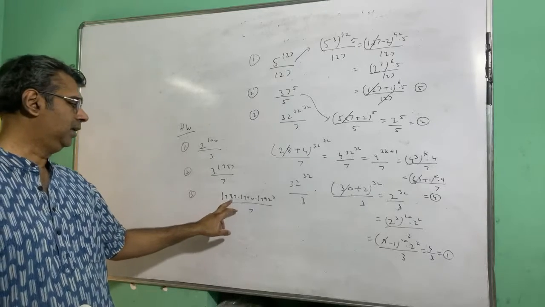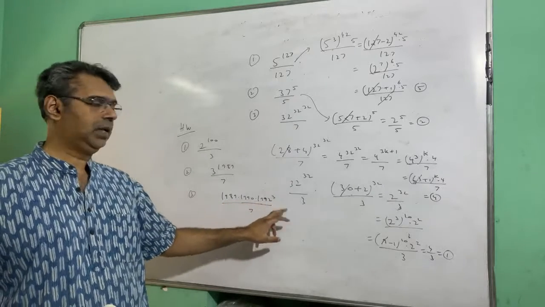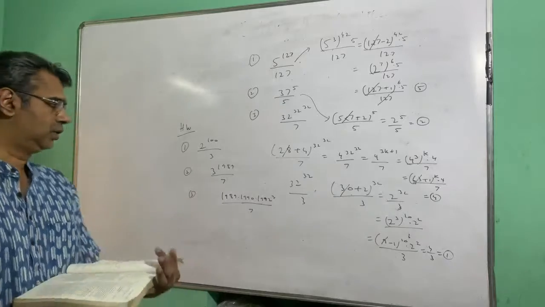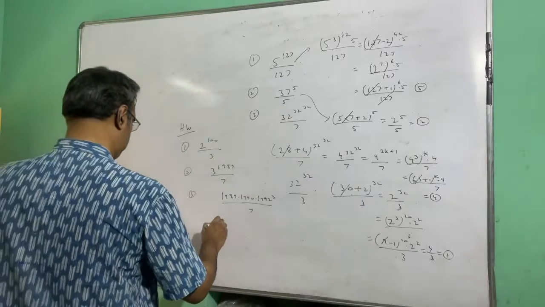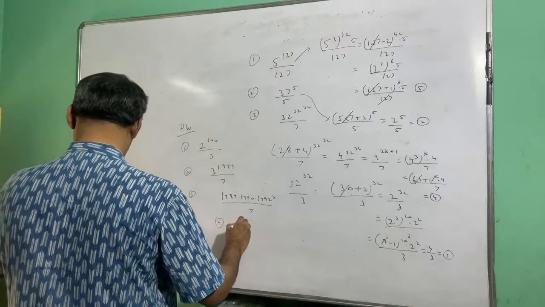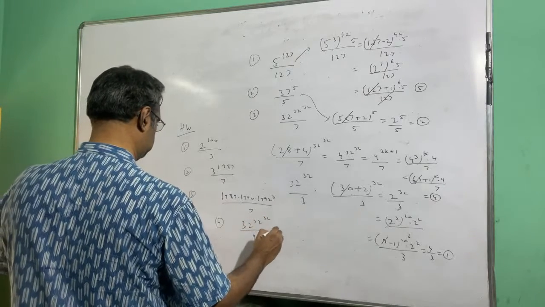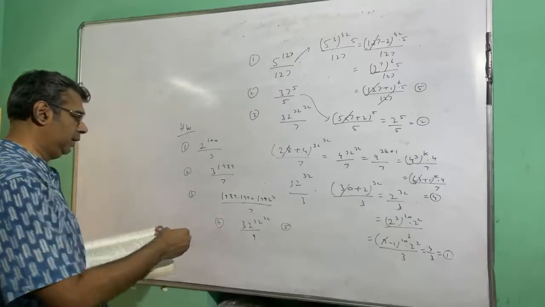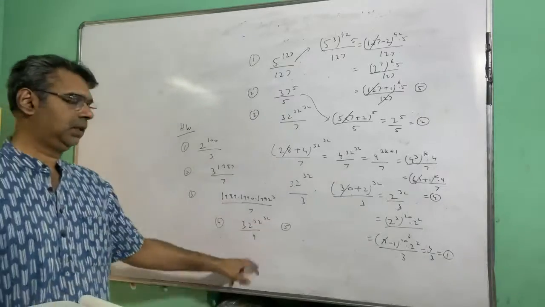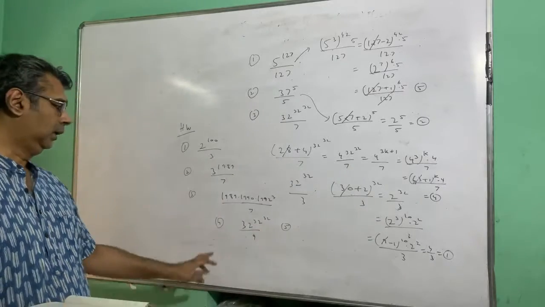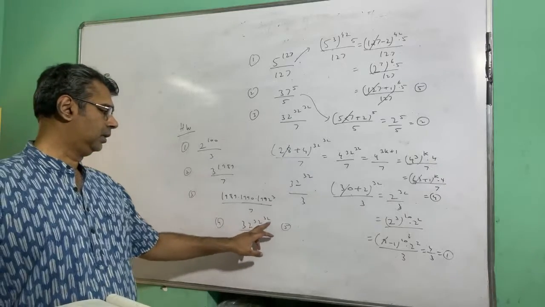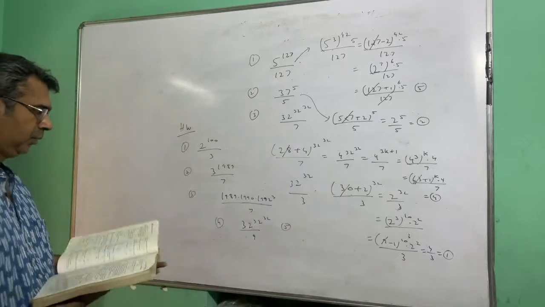Question number 4 is 32 to the power 32 to the power 32 by 9.